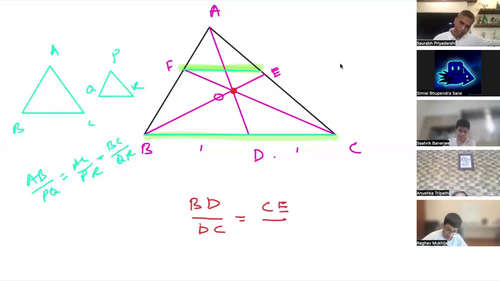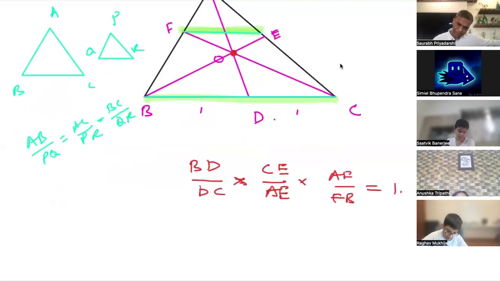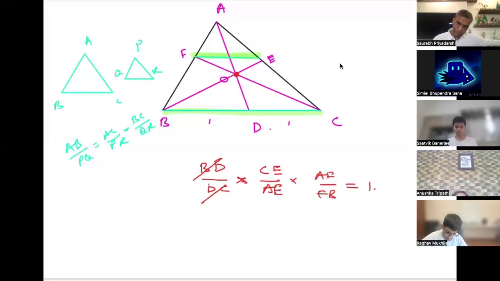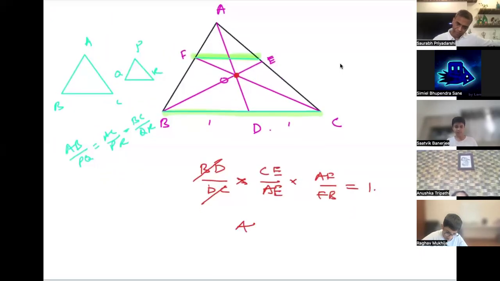But we know that BD and DC are the same. Can I say this? AE by EC is equal to AF by FB, and I can add one on both sides.